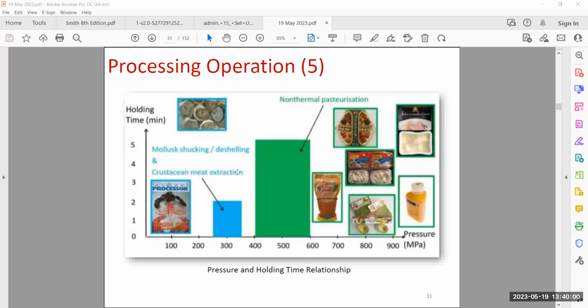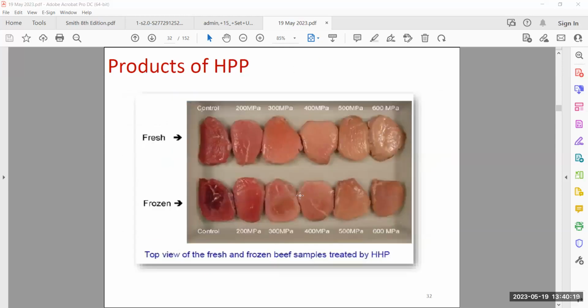Once you have that, the meat inside the shellfish is easier to take out, something like lobster. If you're talking about non-thermal pressurization, it is usually recommended between 400 to 600 megapascal at an average of 5 minutes of holding time. So this is some of the example.